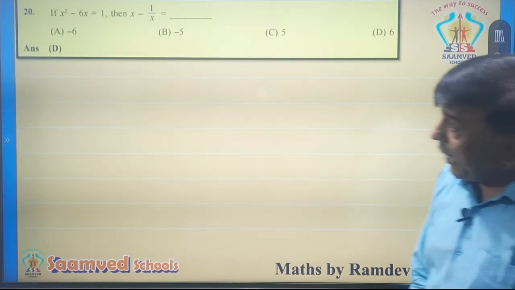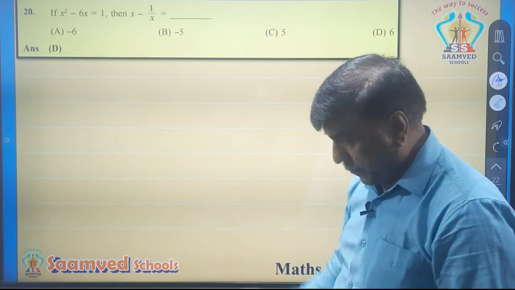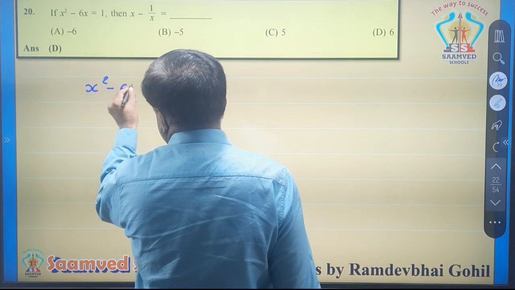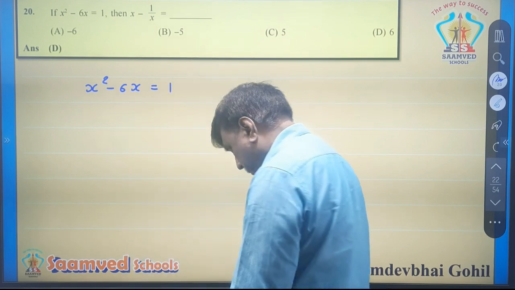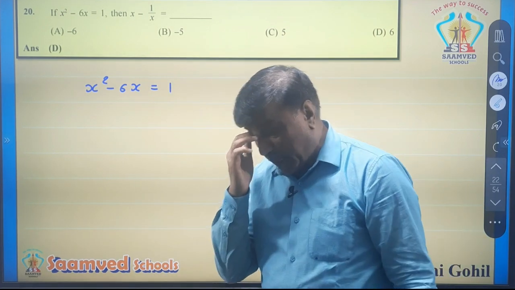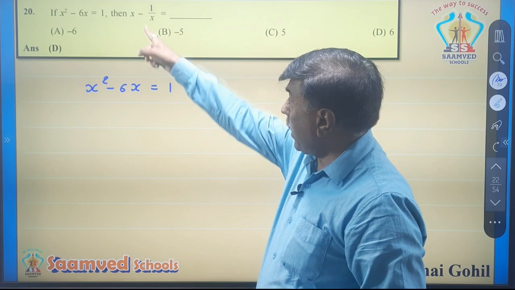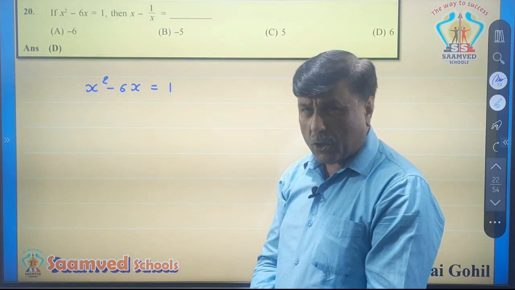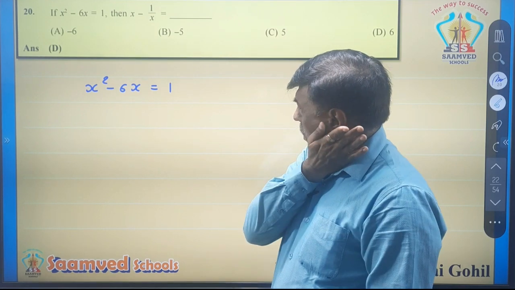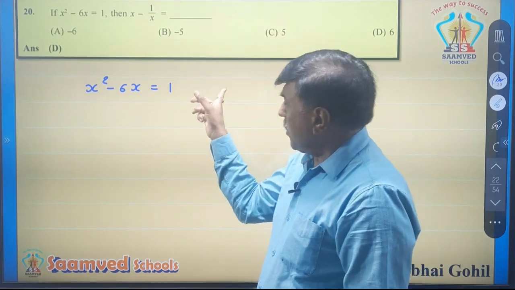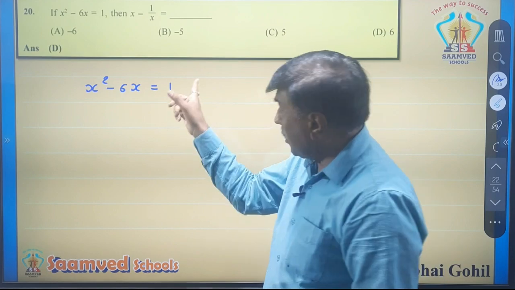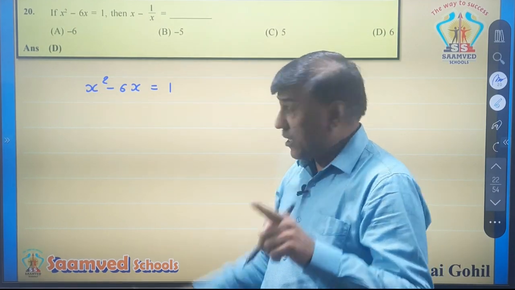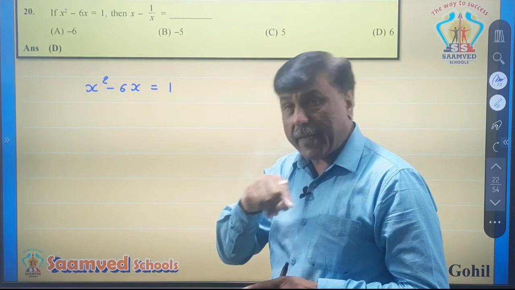Now, MCQ number 20. You are given an equation x square minus 6x is equal to 1. This is a tricky question. You are asked x minus 1 upon x is equal to dash. So, divide this equation by x.